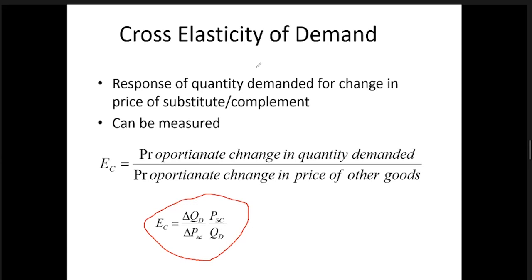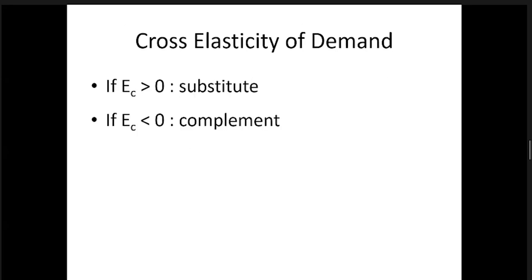So it is the same as the previous, so we don't want to take much time. You can put examples later and do the calculations. But looking at the final value of the cross elasticity of demand, we can define whether it is a substitute or a complement.